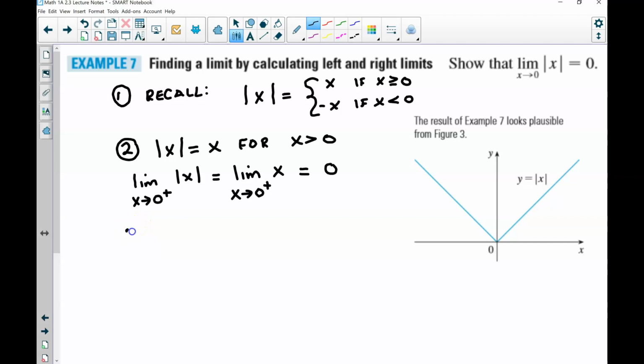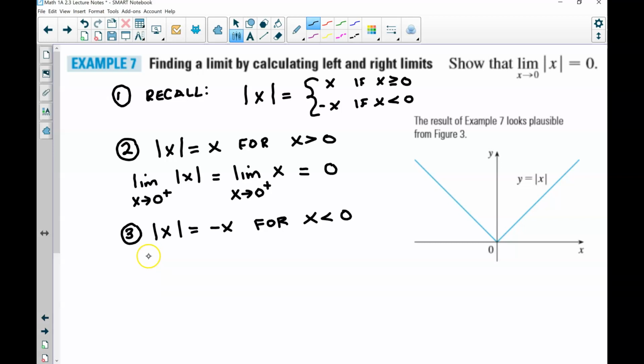Now we also need to look at the other piece, which is when the absolute value of x is equal to negative x for when x is less than 0. So now we're looking at the other side of the absolute value function.